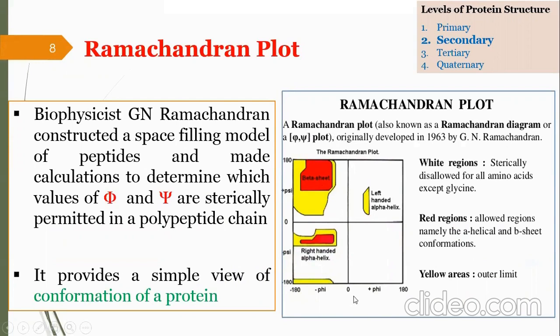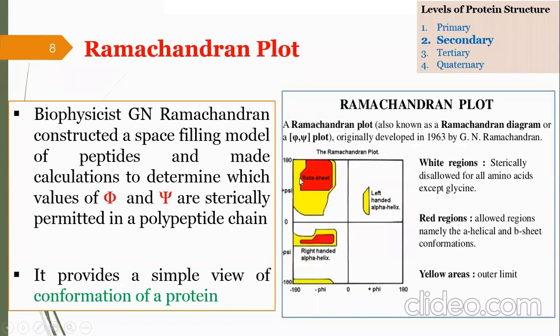This plot is known as the Ramachandran plot, also known as the Ramachandran diagram or the phi and psi plot, originally derived in 1963 by this scientist.